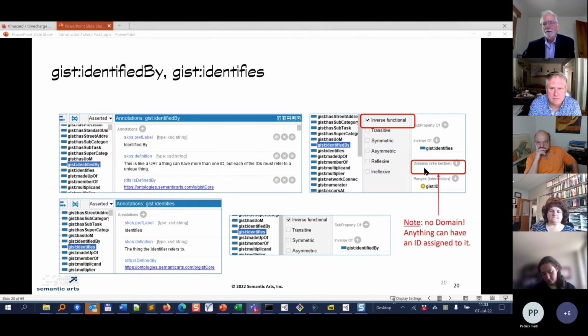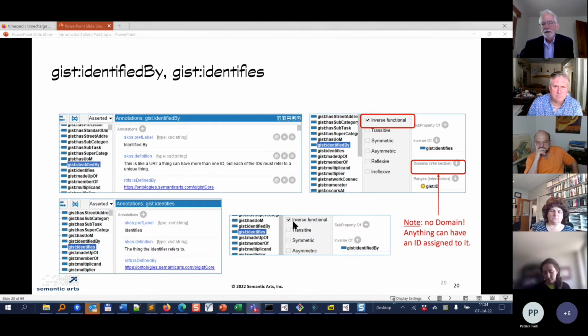So you can't just say, oh, only organizations or only laptops and only products that have serial numbers. No. In principle, almost anything could possibly have an identifier. So we very intentionally leave the domain off. But the range, what does identify a given thing has to be an identifier.